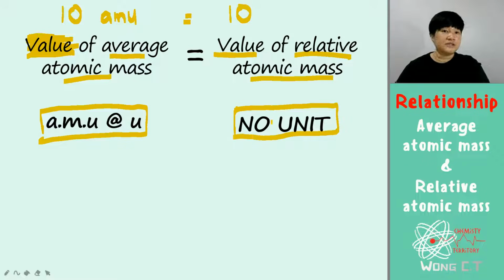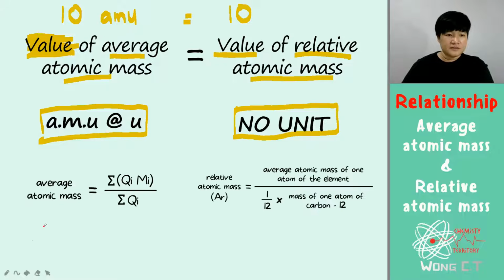But the value is actually the same. Why can it be like that? Simple. If the average atomic mass calculated right now is 10 AMU, you put the 10 AMU over here to calculate the relative atomic mass. And we know that the average atomic mass must be over 1/12 times the mass of one carbon-12.